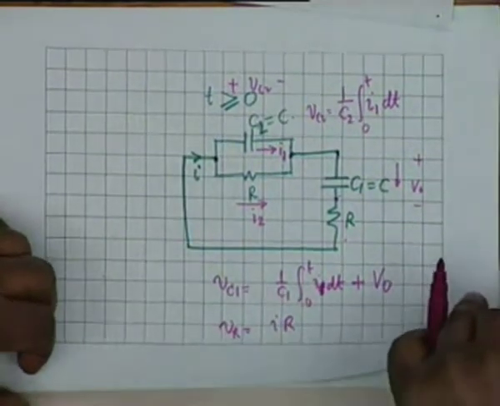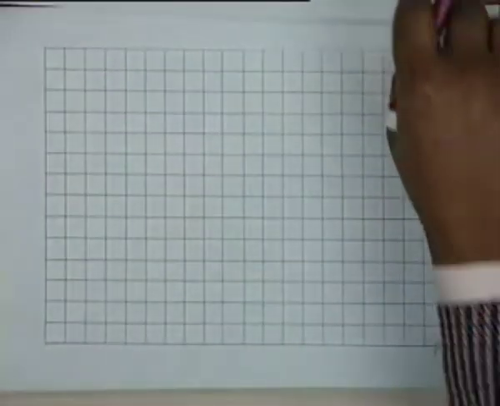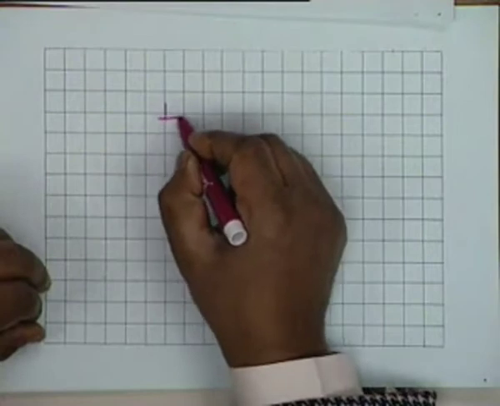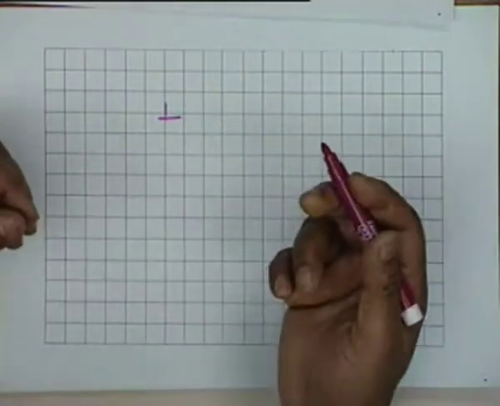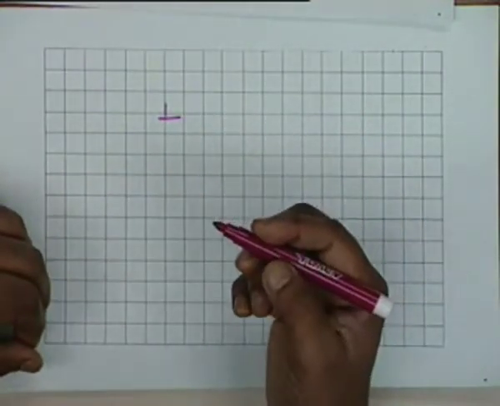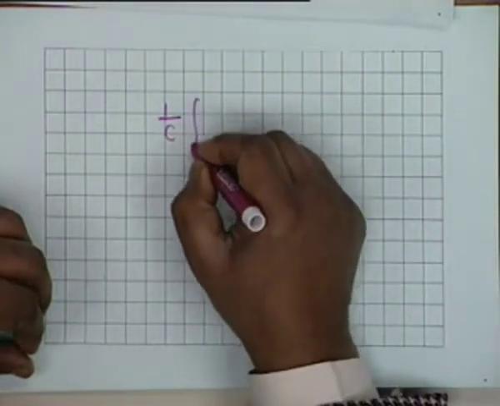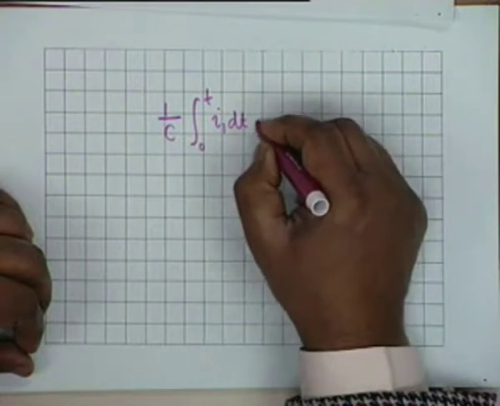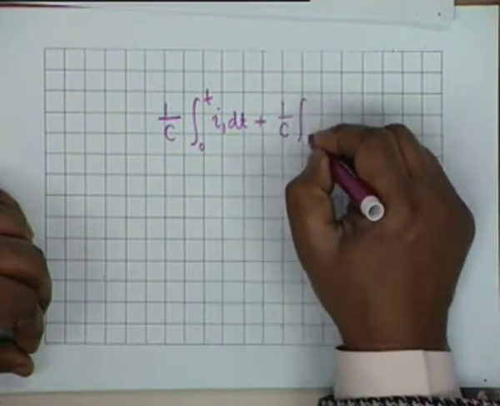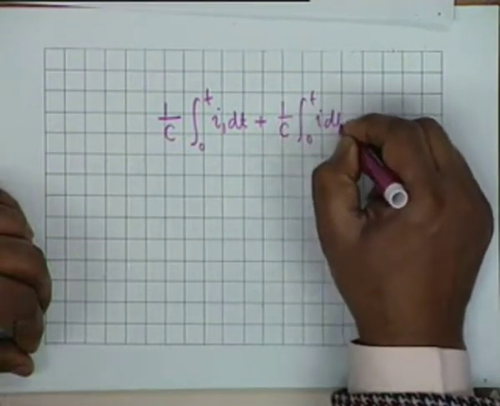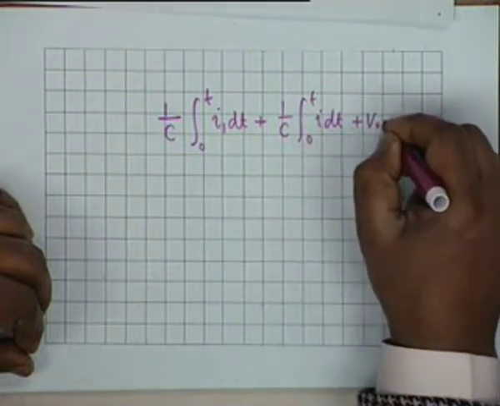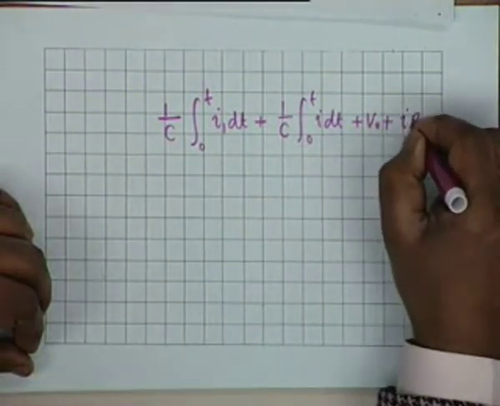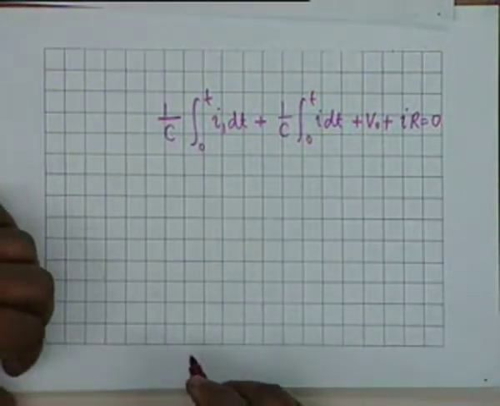All right? And therefore my equation becomes, now I need not distinguish between C1 and C2 anymore. I can say 1 by C integral 0 to t I1 dt plus 1 by C integral 0 to t I dt plus V0 plus IR is equal to 0.